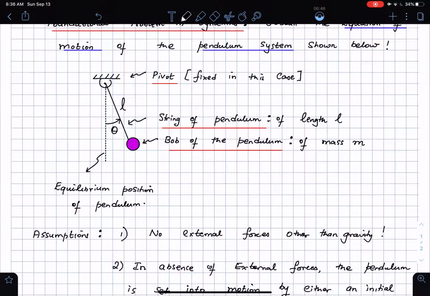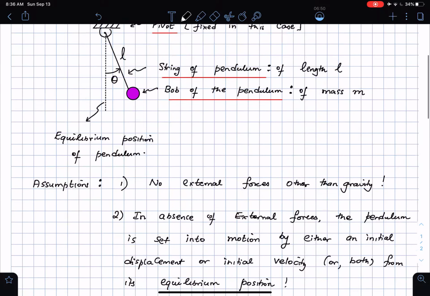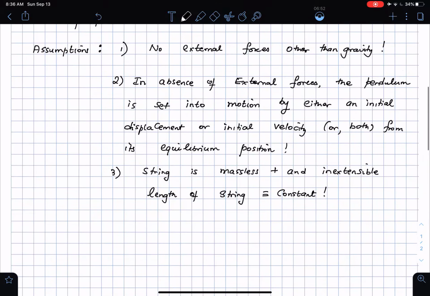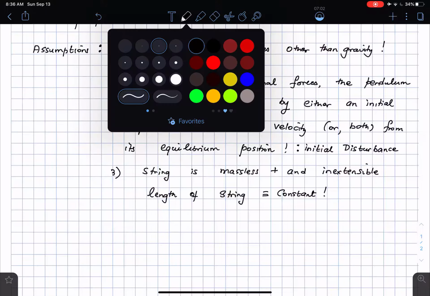which means that the pendulum was initially in this vertical position and then somebody has come and disturbed it. This is called an initial disturbance, or an initial perturbation.